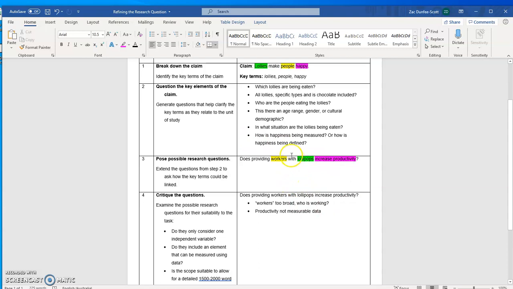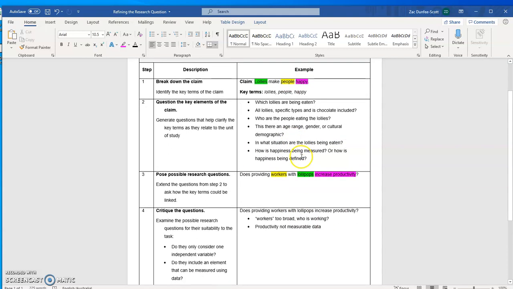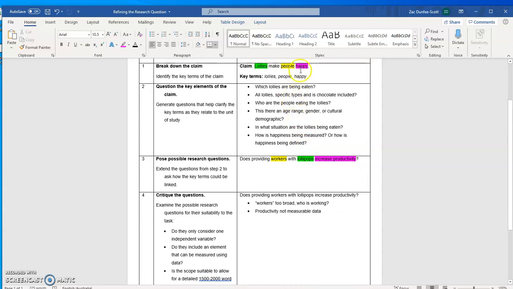The best way to find this is, you can't just type this claim into Google Scholar. I did a video on how to use Google Scholar and the library resources and how to effectively research, but the key thing here is that you are breaking down this claim, breaking down the key terms into questions.